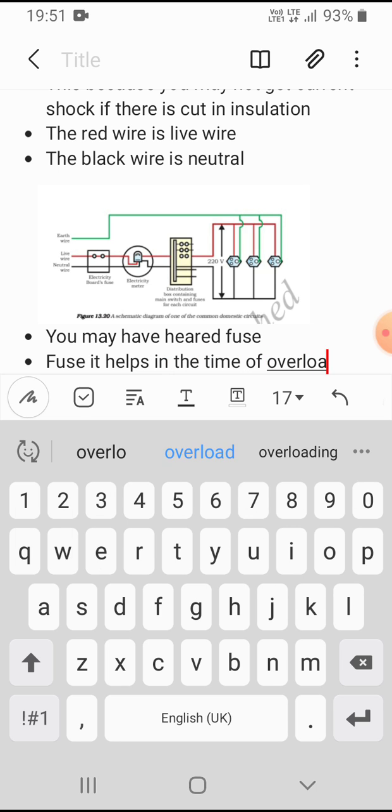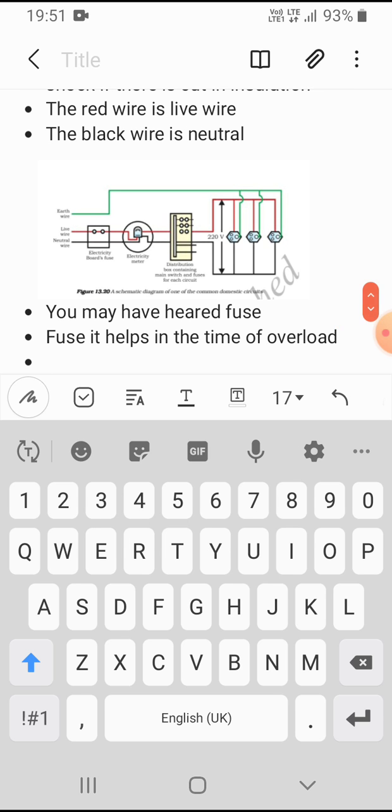How does it happen? When the insulator of the live wire or the neutral wire is a little bit cut, and both touch, the current passes through only one path. It will put more pressure on the electric board, and at that time you will get a short circuit or overload.